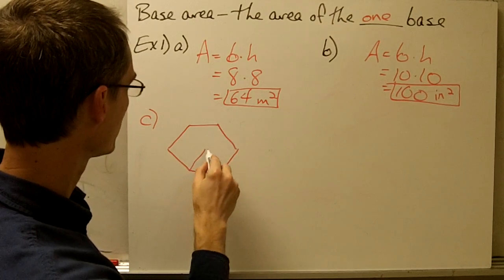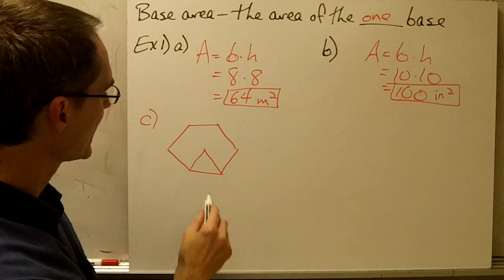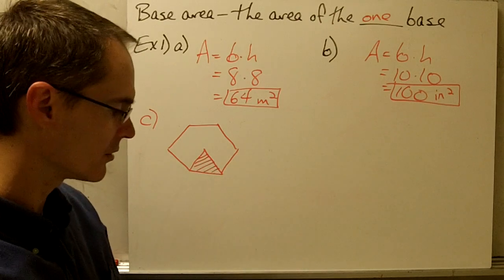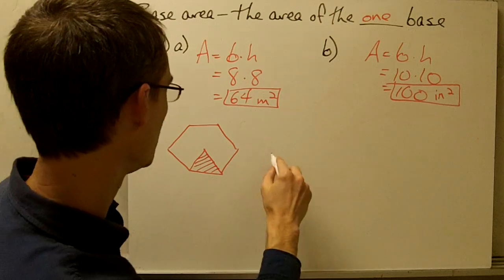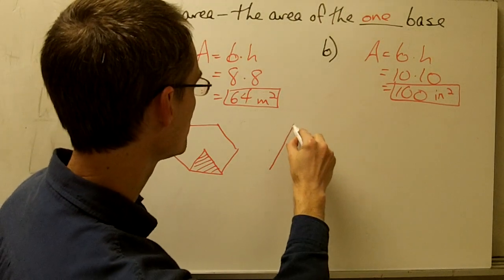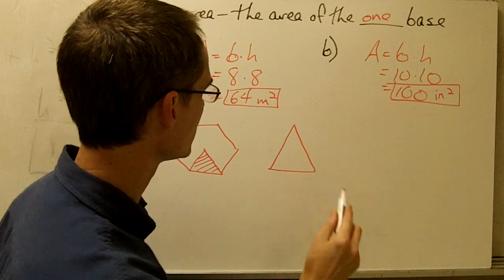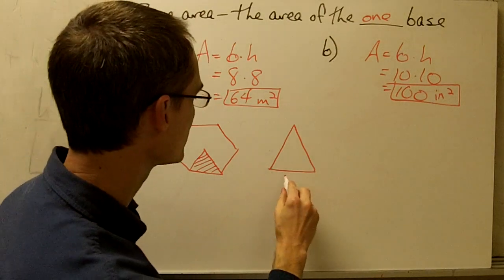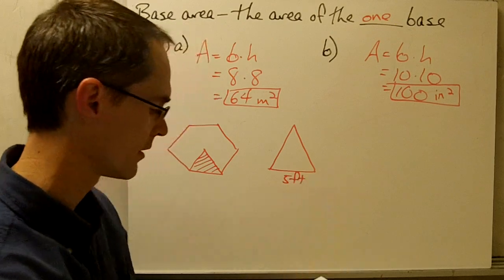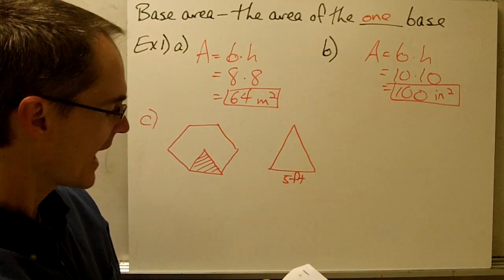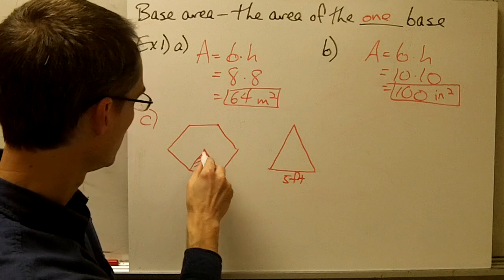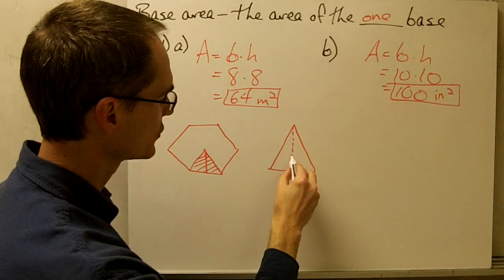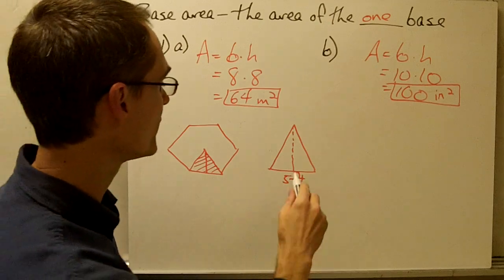And I know that in order to calculate the area of my hexagon, I would like to calculate the area of this triangle. And so let me go ahead and also draw out just that triangle. I know it's going to be an isosceles triangle. And I know that the base of my isosceles triangle is 5 feet, because that's given to me in the picture. And I also know that the apothem of my hexagon, that is the height of this triangle, is 4.33 feet.